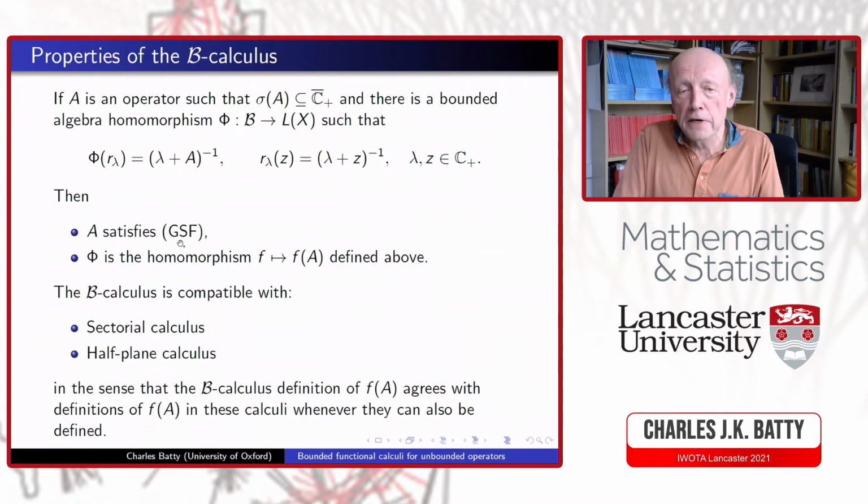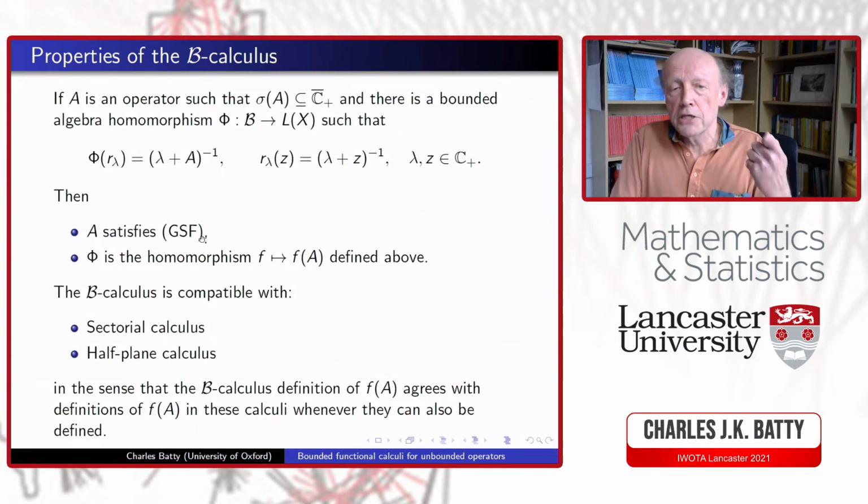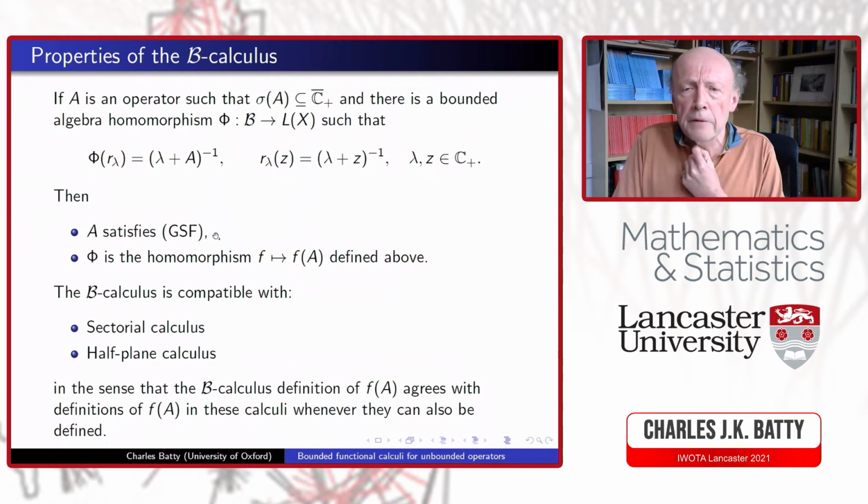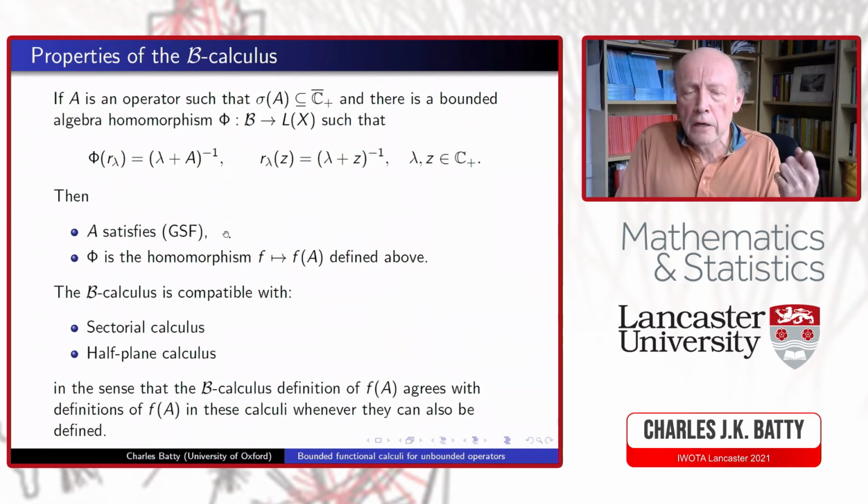Then A satisfies Gomilko-Shi-Feng. So the existence of a bounded B calculus for an operator A is exactly equivalent to the Gomilko-Shi-Feng condition. Also, the homomorphism that you have is the homomorphism that's been defined on the previous slides.